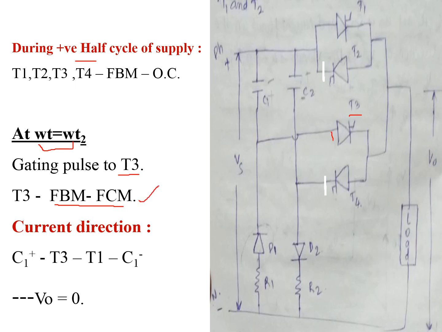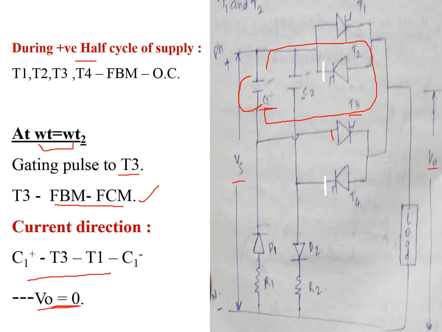The anode of thyristor T3 is connected to capacitor C1, so capacitor C1 starts discharging from C1 plus to C1 minus in the direction C1 plus, T3, T1, C1 minus. There is no path for current from source to load, so the voltage across the load becomes 0.